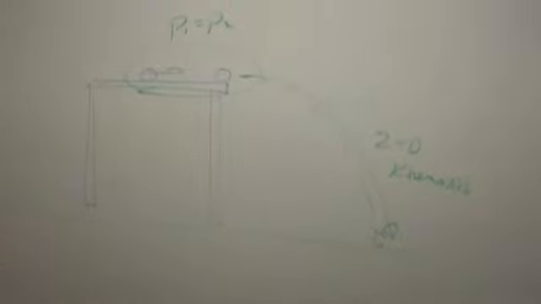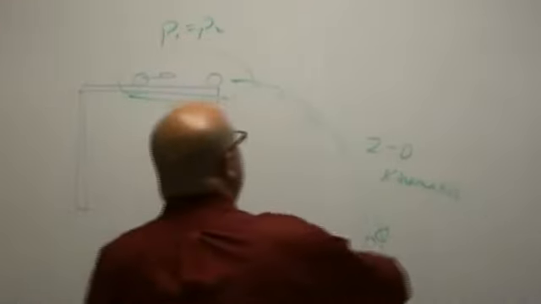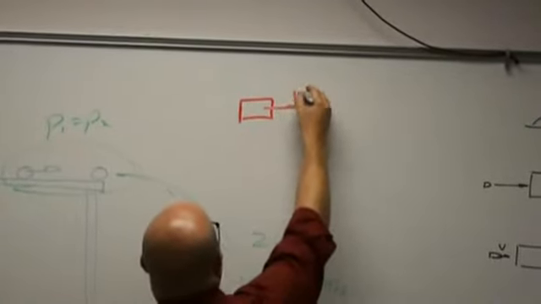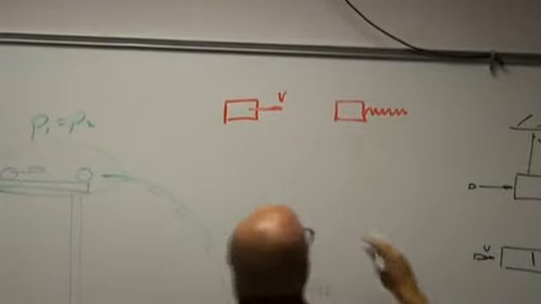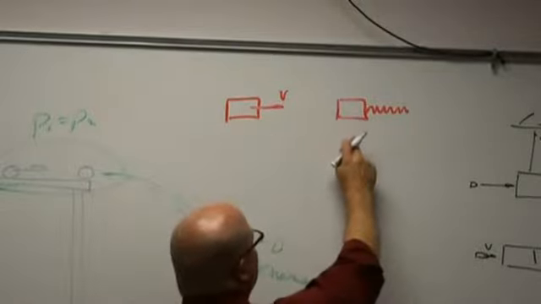All right, let's go to our next one. The one with the spring, problem 283. Problem 283 looks like this. You've got a block moving along to the right with a velocity, and another block attached to a spring. So this one moves along, hits this one.